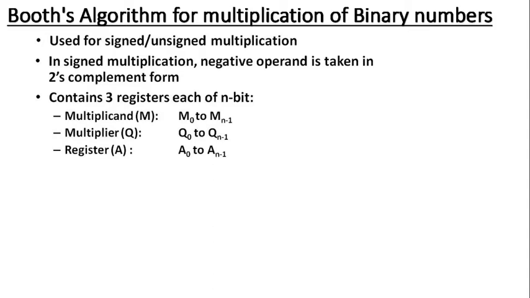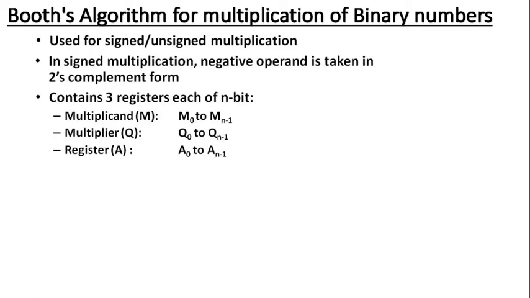Booth's algorithm contains 3 registers of n bits each. Basically, registers are used for storage of operands or intermediate results. So here the multiplicand register M is of n bits, from M0 to Mn-1, where the M0 bit is the LSB and the Mn-1 bit is the MSB.